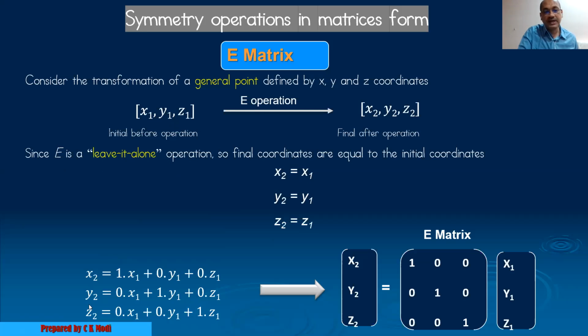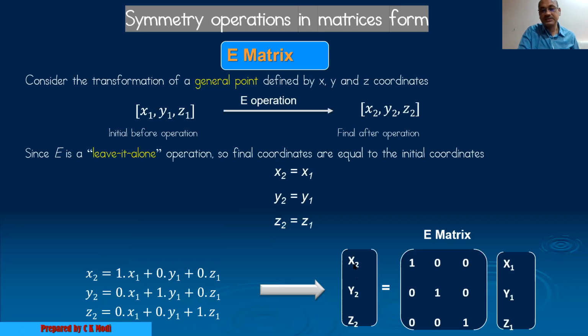So x2 is equal to 1 into x1 plus 0 into y1 plus 0 into z1. y2 is 0 into x1 plus 1 into y1 plus 0 into z1. And z2 is equal to 0 into x1 plus 0 into y1 plus 1 into z1.